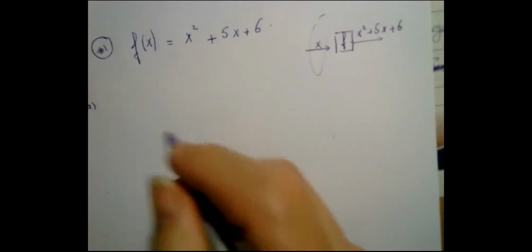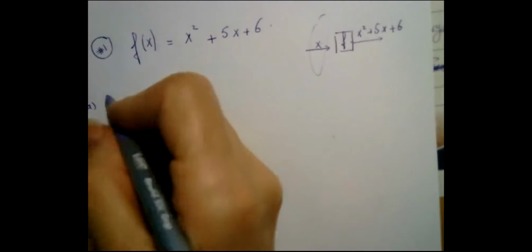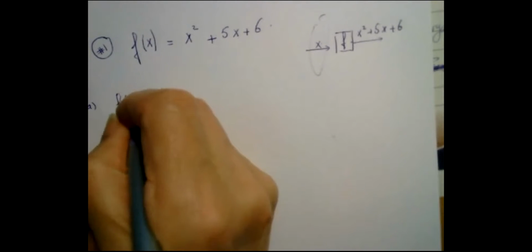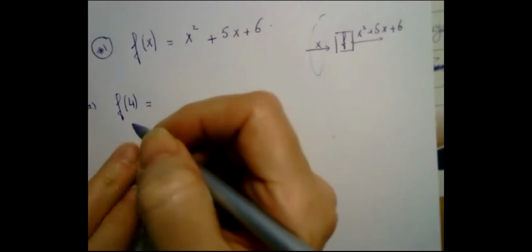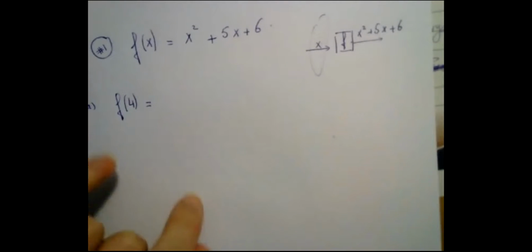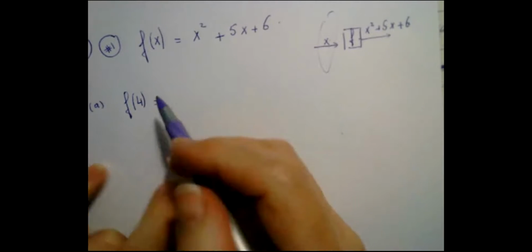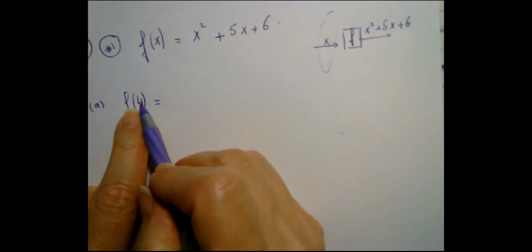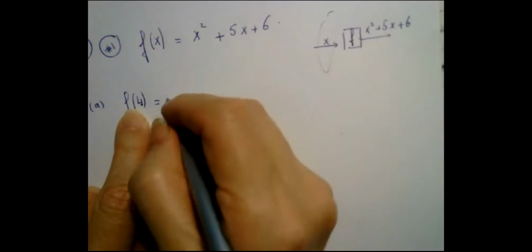I know that you asked for E and F, but I will work a lot on this problem. So first, part A is f of 4. f of 4 means my input is 4. What does f do to 4?